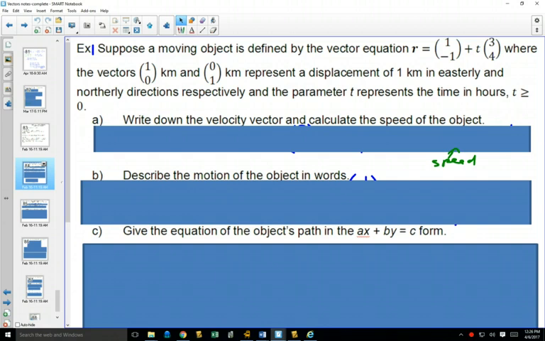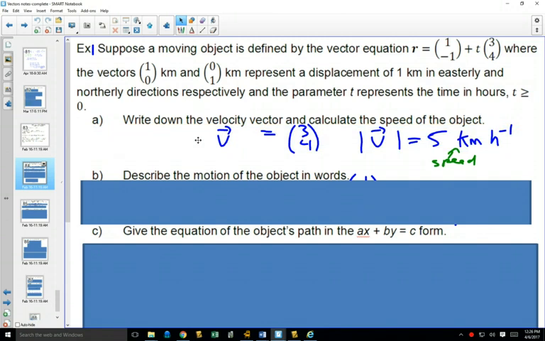So our velocity vector is that 3, 4, and the length of that velocity vector, because if you imagine this would be 3, this would be 4, a squared plus b squared equals c squared, that would be 5.